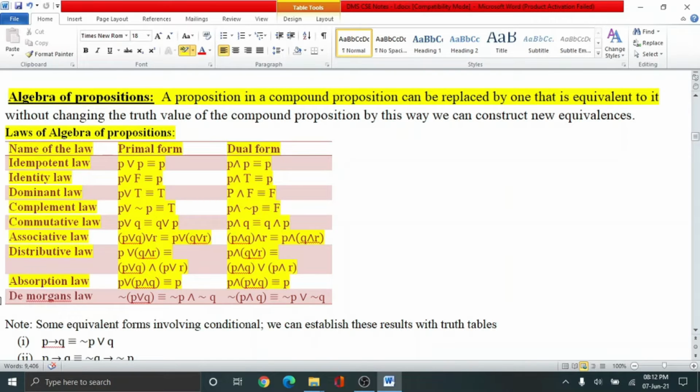And finally, the very important law is De Morgan's law.